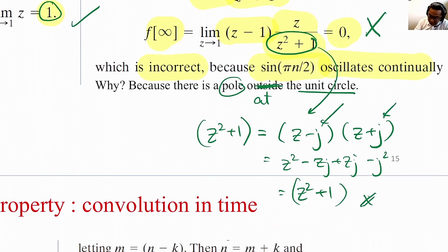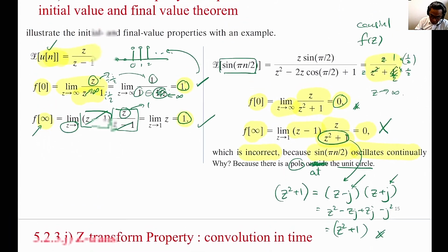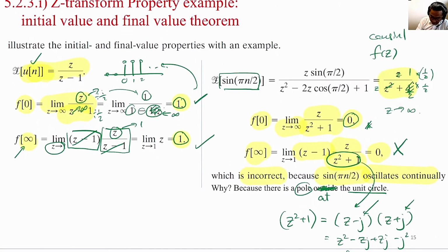So the roots are at minus j and plus j, and this is exactly at the unit circle. Because there is a pole at the unit circle, that is why we cannot use the final value theorem for this. That's all. Thank you.